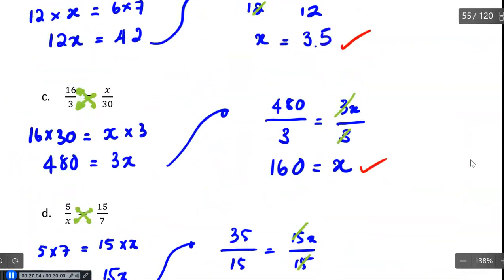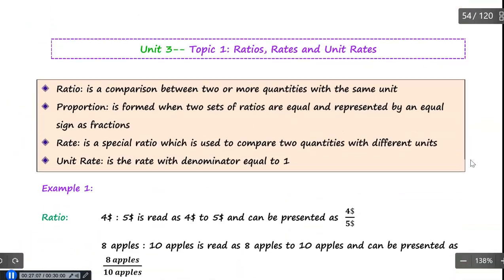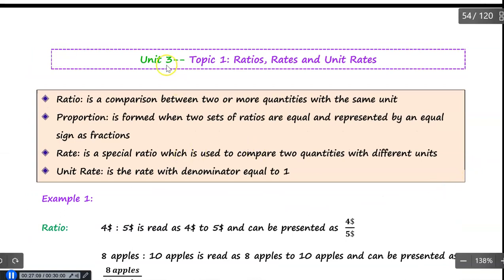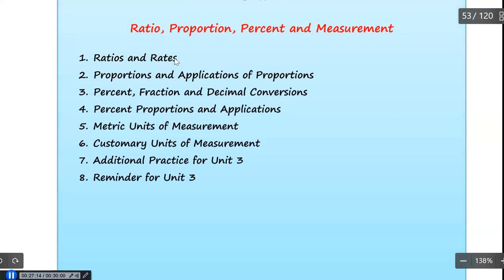For this unit 3, we are learning about ratio, proportion, and rates, and after that we get to percent, proportion, and application, and then all the measurement that are applicable to all the theory that we learned right here. So the next lesson will be percent, fraction, and I would like everyone to distinguish the difference between percent and the ratio and the rate.